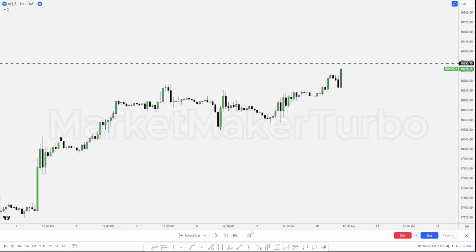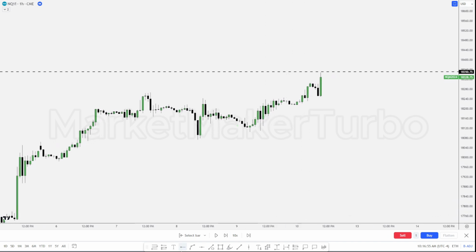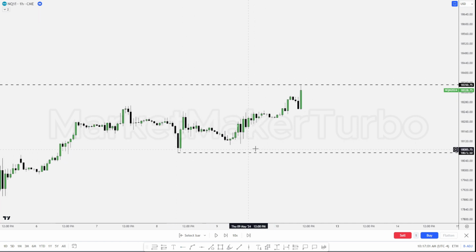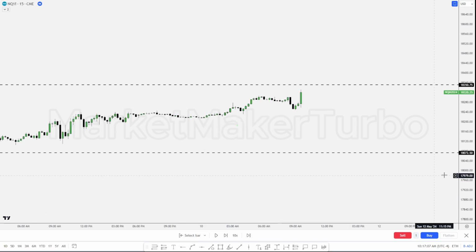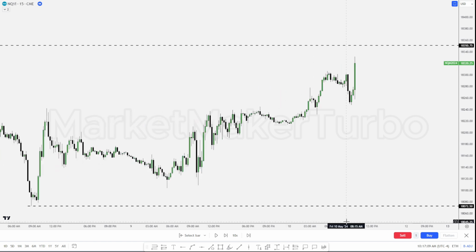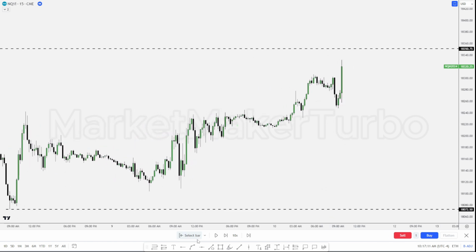Looking at the 1 hour, I look for pools. I'm not going to break down the model too much because you guys already know how to trade it. There's a pool here, and we'll drop down to the 15, and you just keep looking for pools.